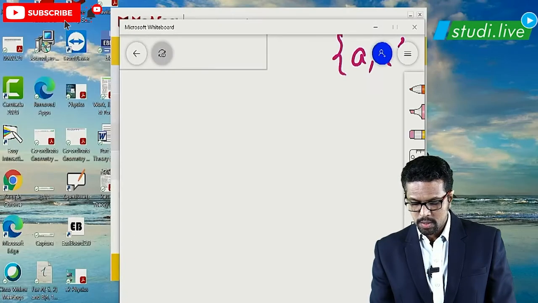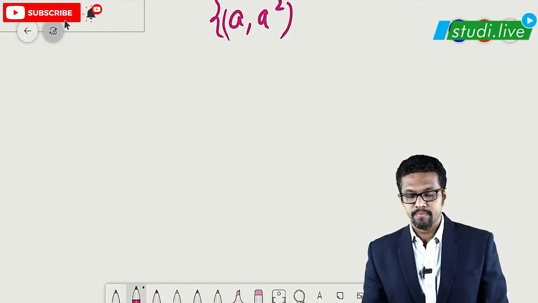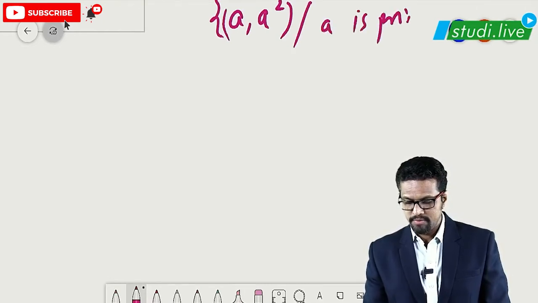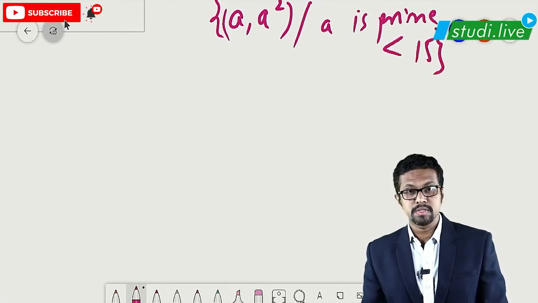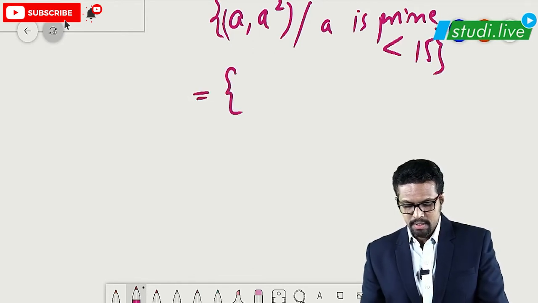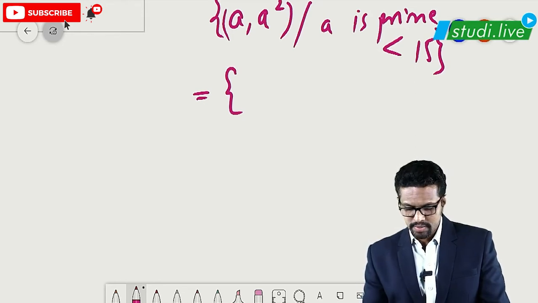Okay, so the elements of the form A comma A square, of course A is prime less than 15. So this is what is given to us. What are the elements which are possible? Of course we cannot start from 1. 1 is not a prime number, so we will start with 2.